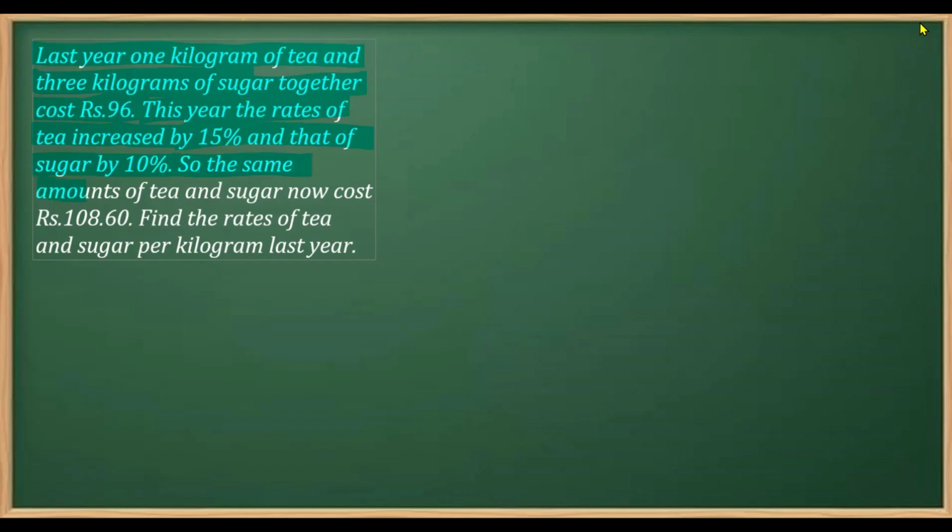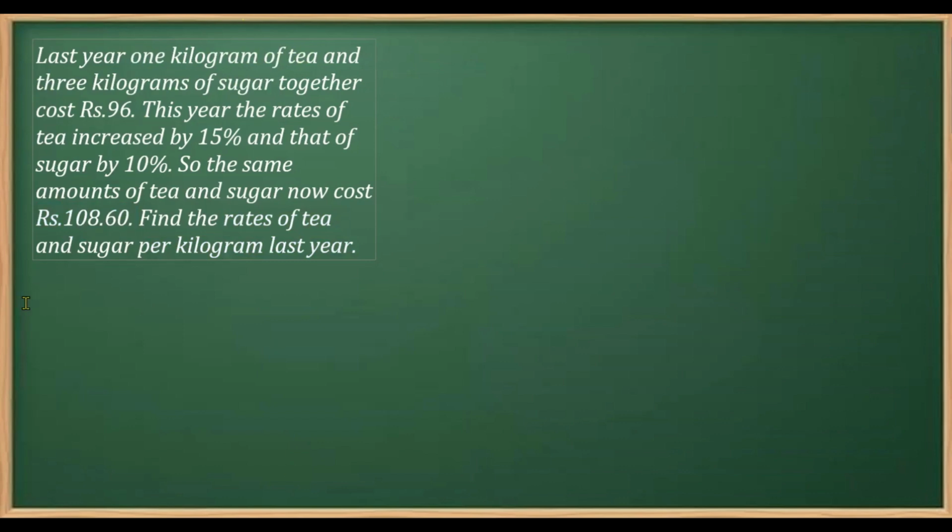The same quantity is bought, 1 kg of tea and 3 kg of sugar, and this time the price together is 1060. What we have to find out is the rate of the tea last year, that means the original price before it was increased.